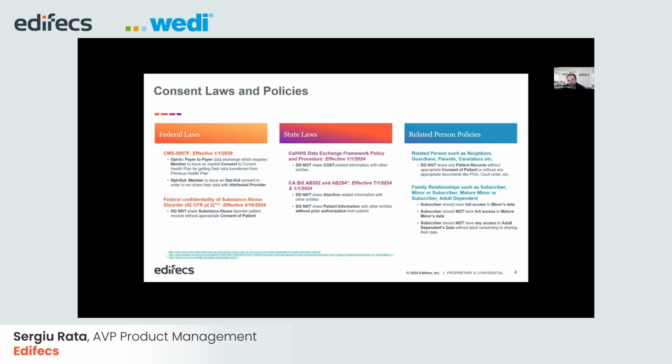We know there are certain statutes that prohibit sharing cost-related information with other entities, and the California bills AB 352 and AB 254 have clauses related to sharing of information related to abortion, with the same theme that patient information should not be shared with other entities without explicit consent from the patient himself. And there are also multiple policies as they relate to person-to-person information sharing.